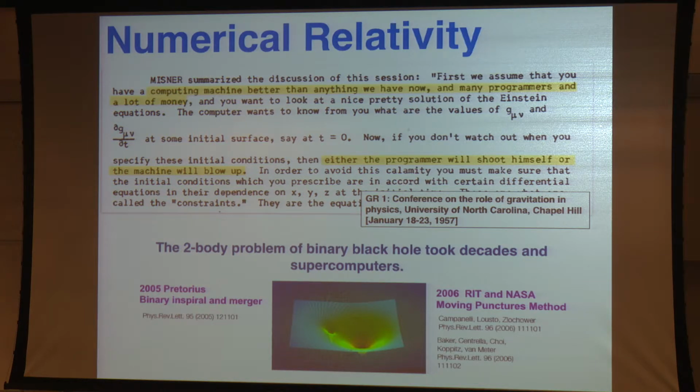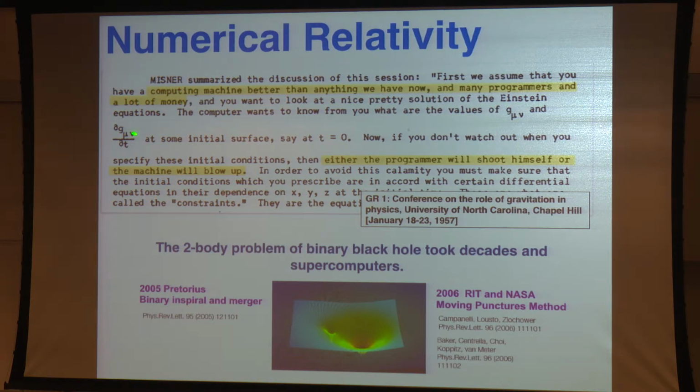So this was Charlie Misner summarizing the discussion of the first GR1 conference that happened at University of North Carolina, Chapel Hill. And they were talking about how we're going to solve the two-body problem. So it was first we assume that you have a computing machine, which I also love calling it a computing machine, better than anything we have now, and many programmers and a lot of money. We still want that. We don't always get a lot of money.